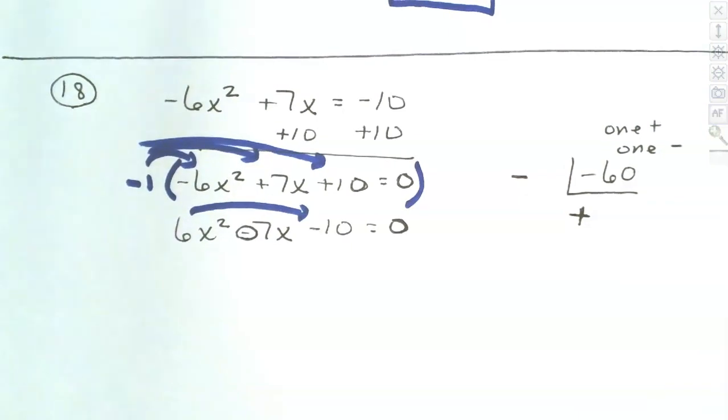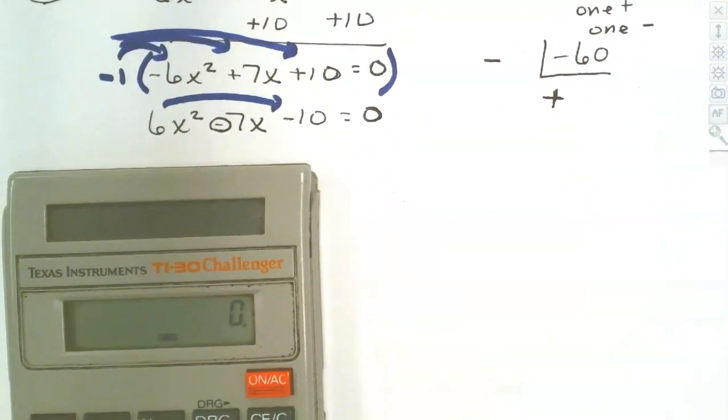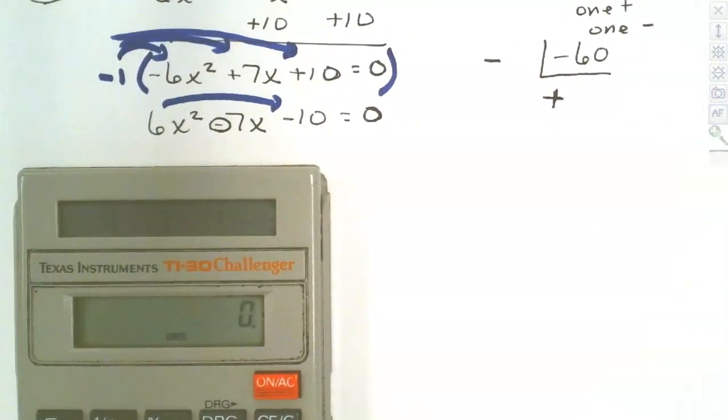Now we need to find our 2 factors. Students sometimes struggle with how to find these 2 factors. And here's how I do it. So we've got 60. Now, 60 ends in a 0, and 60 is also an even number. Now, if it ends in a 0, it's got to have a factor of a 5 or a 10 in it.